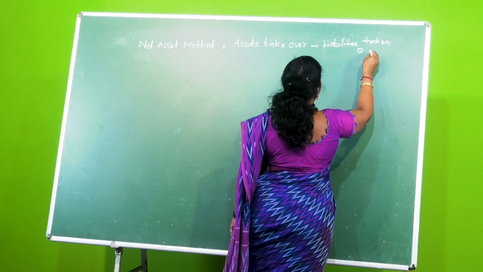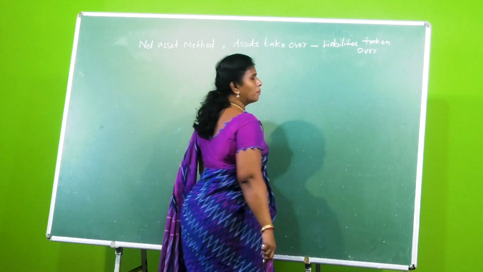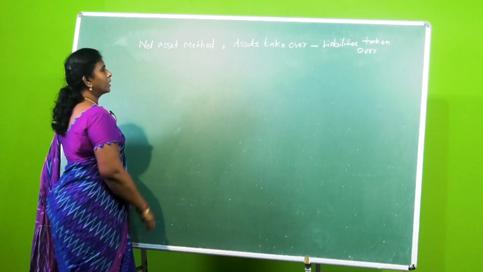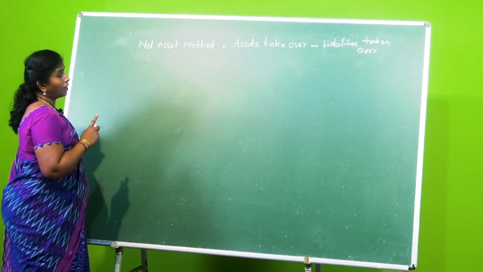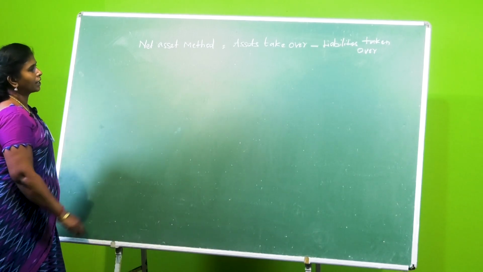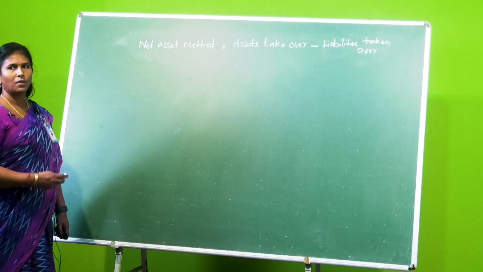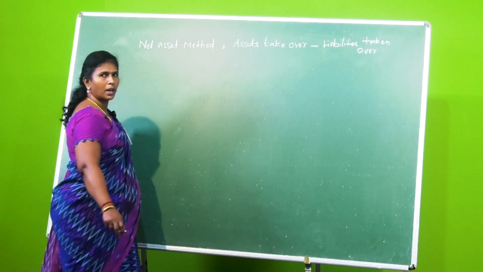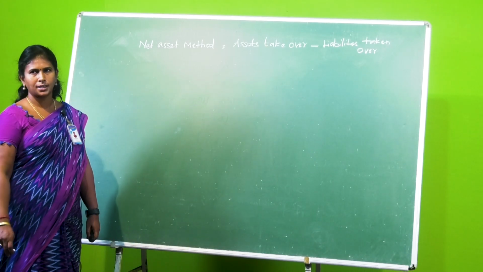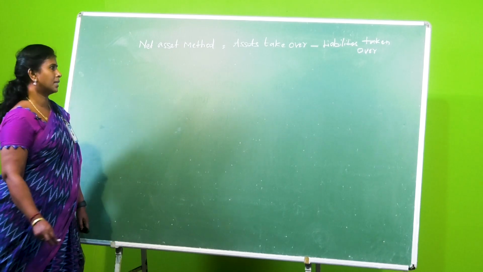So we already see the formula. Okay, so I have to write it on the board. Net asset method equals agreed value of assets taken over minus agreed value of liabilities taken over. Okay, so under this formula we have to calculate purchase consideration under net asset method.